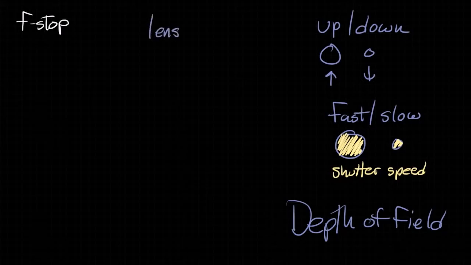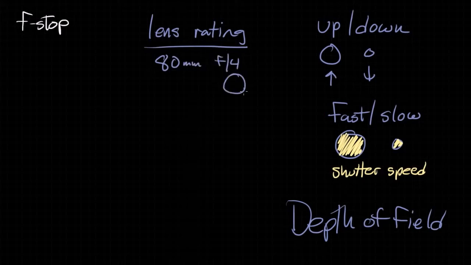Then we have lens ratings. And in lens ratings, you'll often see the maximum aperture size listed. So for instance, you might have an 80mm lens with an f4 as its maximum aperture size. Or you might see something like a 55mm to 200mm lens where the focal length can vary between these two.